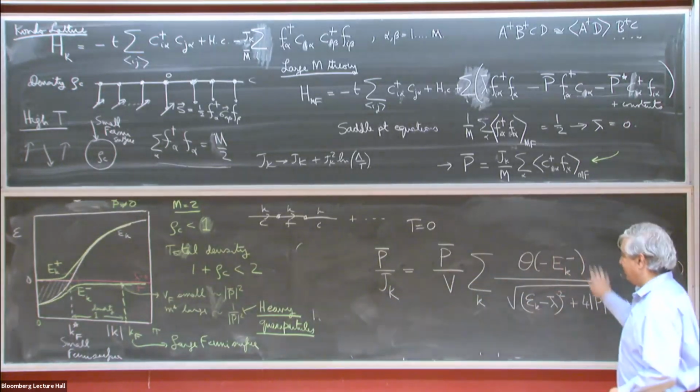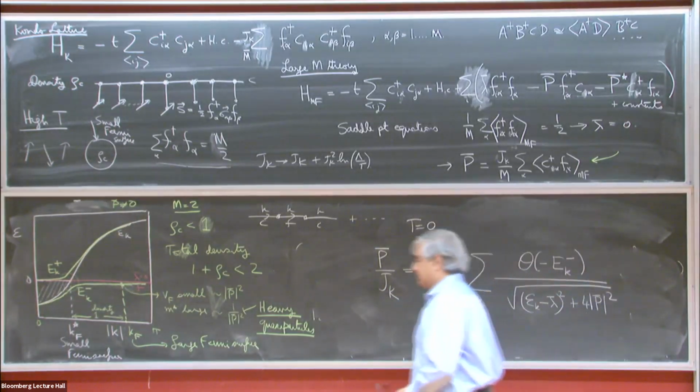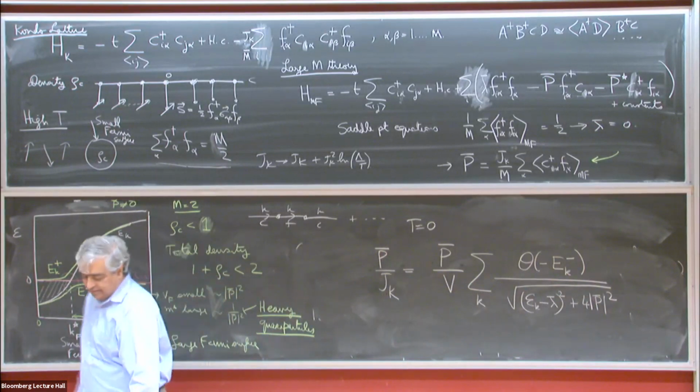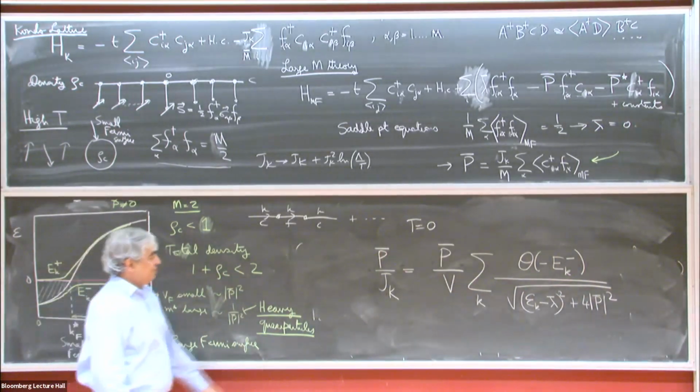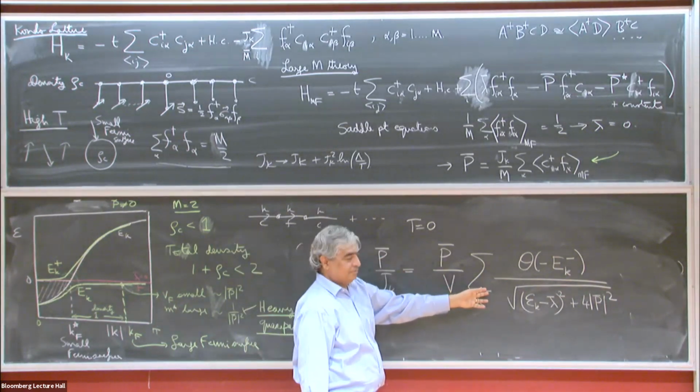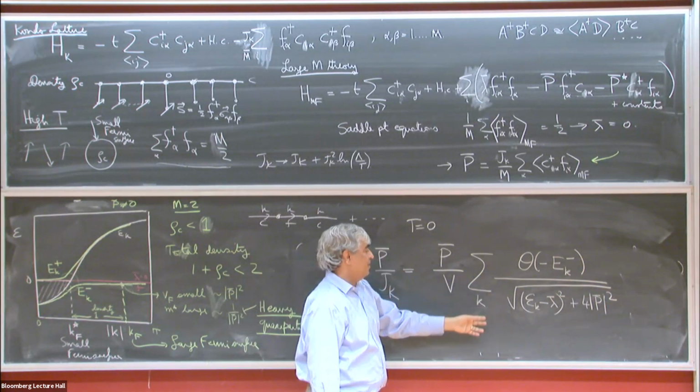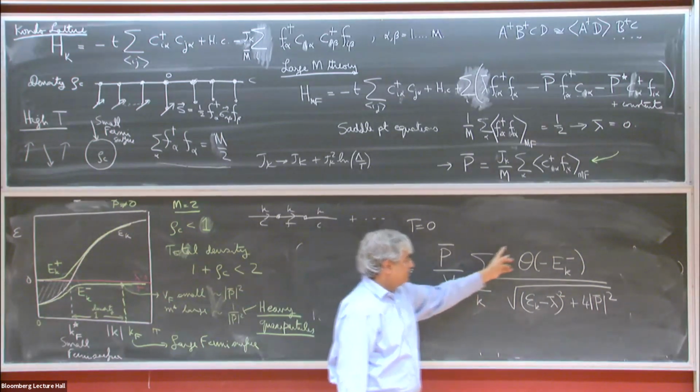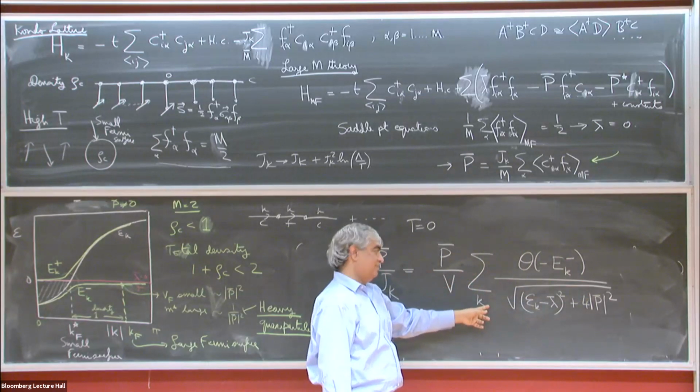So P bar is the key quantity. And again, the same issues apply here. As JK goes to 0, so the left-hand side becomes large, is there a solution with a non-zero P bar? And again, the answer is yes, because as you can see here, this expression also has a log divergence.